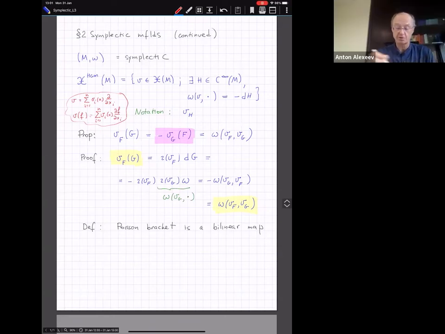You can also, by the way, maybe I should also say, sorry, I kind of destroyed my slide. So V_f of g is also the same as the Lie derivative of V_f acting on g.